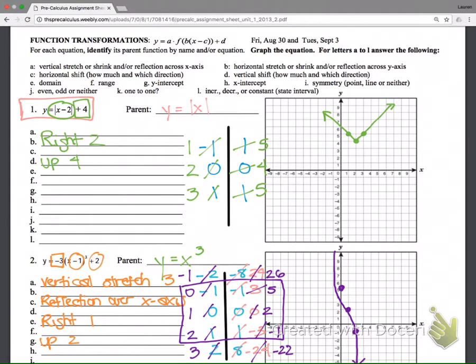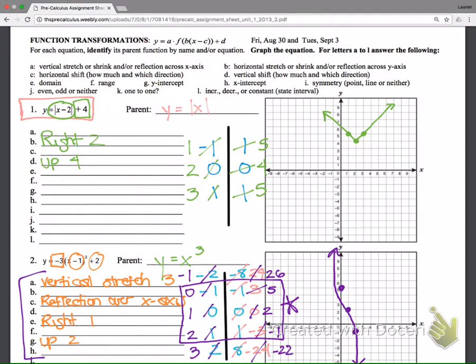It's just stretched out and made really skinny. You can tell because of that 26 and -22. That's the general idea. More of what I care about than the graphing is knowing the transformations and knowing how to do the points. The graphing is less important.